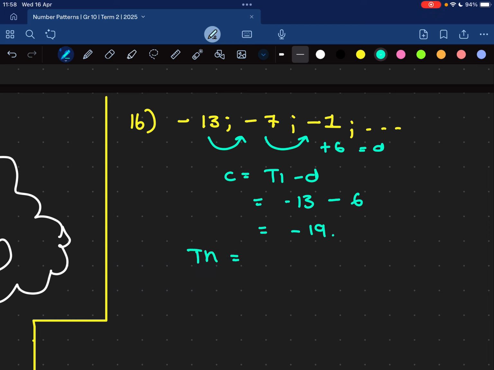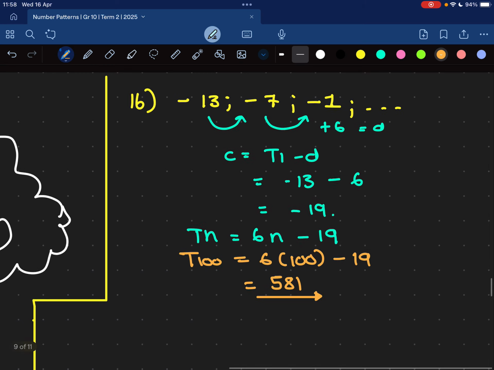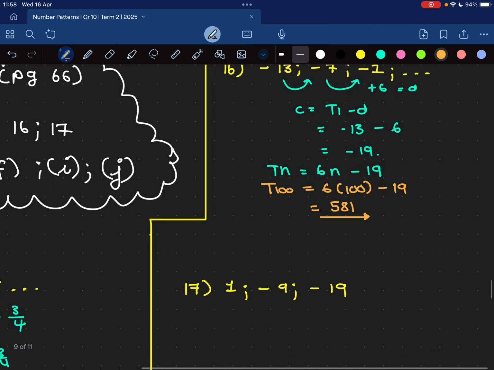So then Tn is equal to 6n minus 19. So if you want T100, you'll have 6 times 100 minus 19, which is 600 minus 19, which is 581.